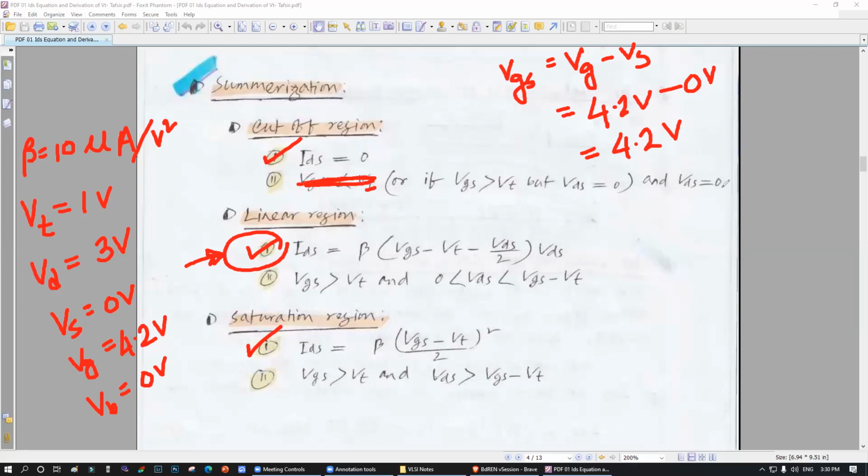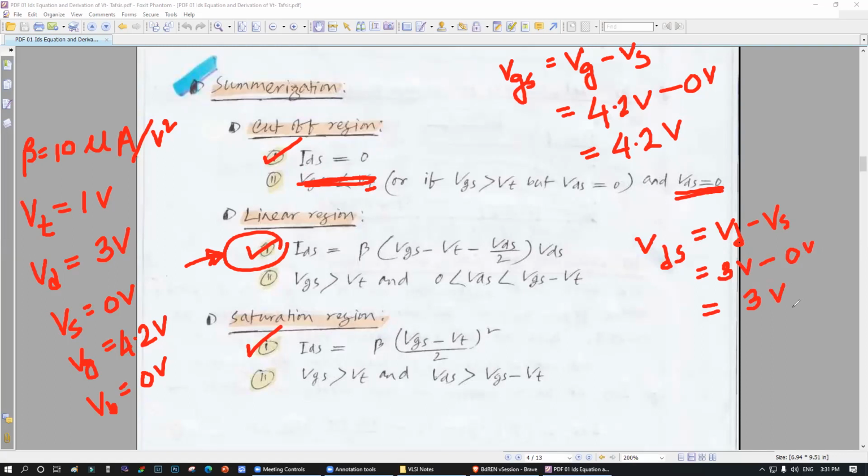Okay, sir. Let's find out whether your VDS is equal to 0 or not. What is the value of VDS? VD, 3, sir, minus VS. So your VD is equal to 3 volt, and VS is 0 volt, right? So what is your VDS? 3 volt, right?